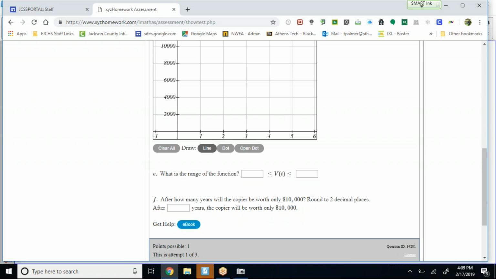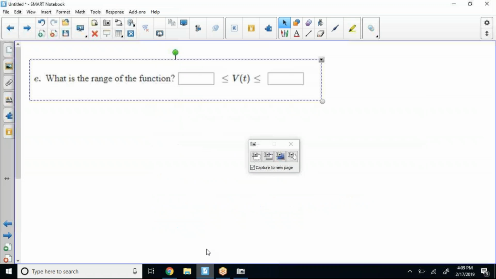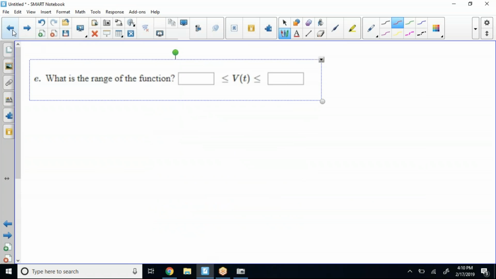What is the range of the function? So the range of the function is, well, it was how much after 5 years? 1,500. So it would be from 1,500 all the way up to 17,000.